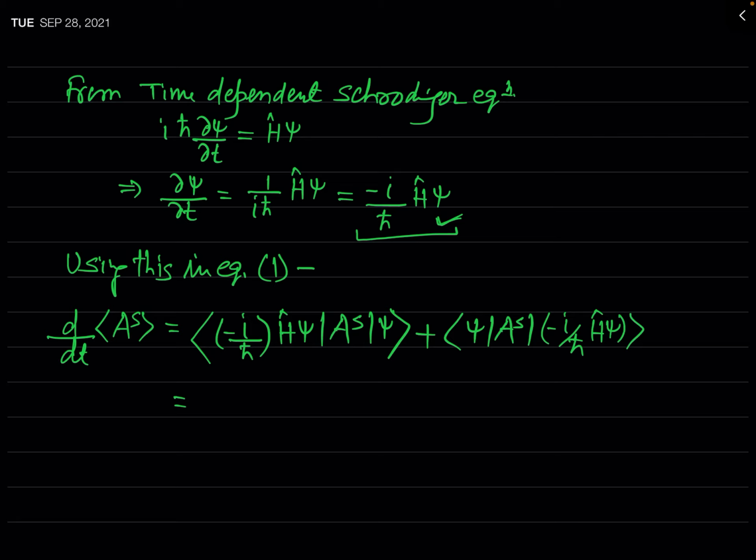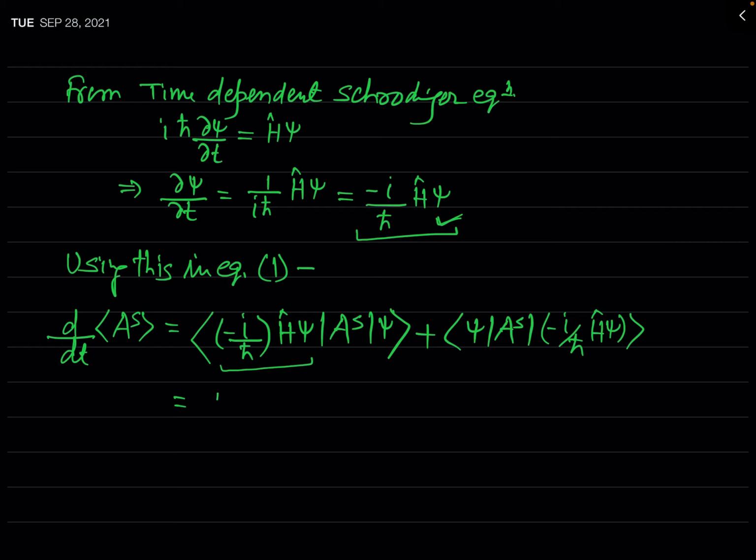Now let us simplify this result to some extent. As you can see, this factor is in the place of the bra vector, and you know the bra vector is simply the complex conjugate of the ket vector. This i by h bar is a constant factor, so we can take it outside of the bra, and when we take it outside, we have to take its complex conjugate, and the complex conjugate of minus i will be plus i.